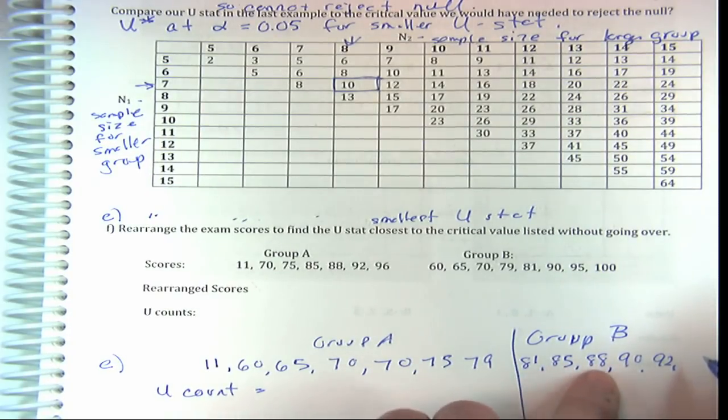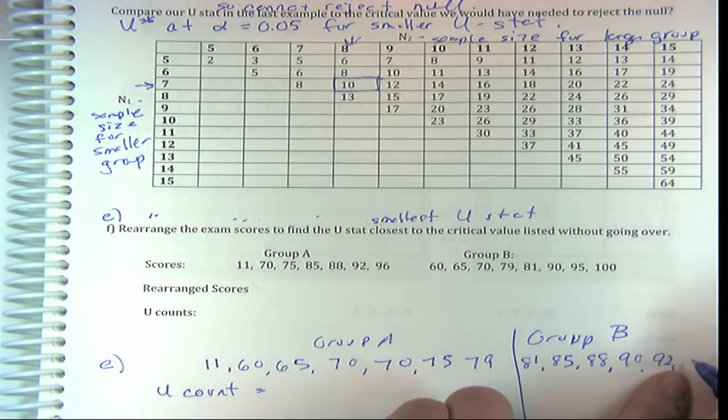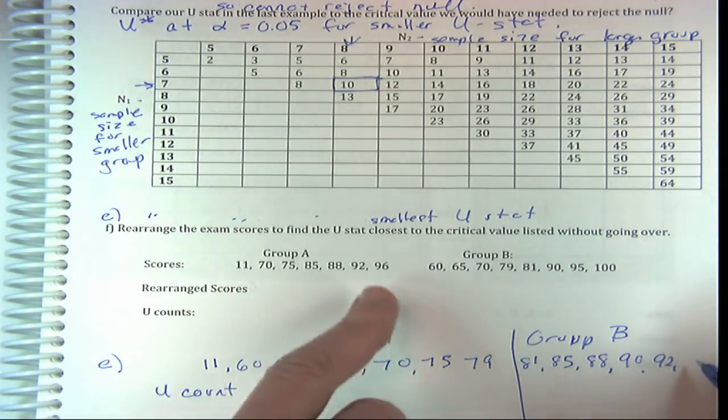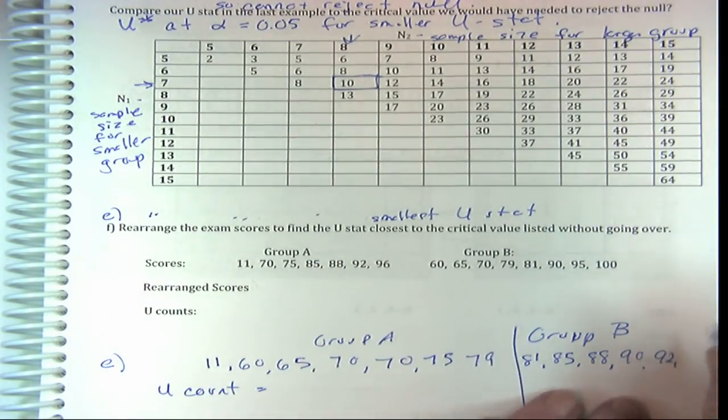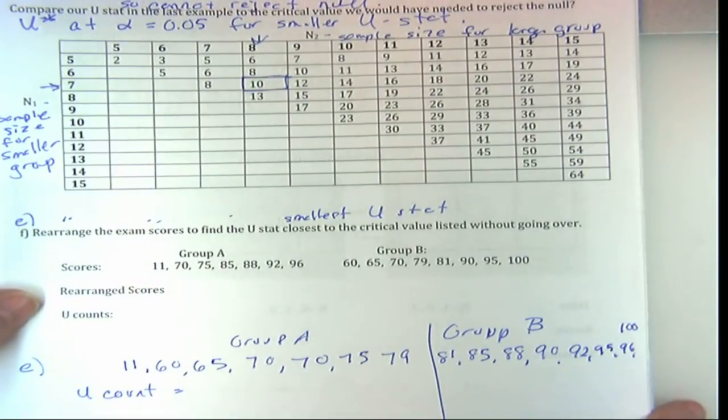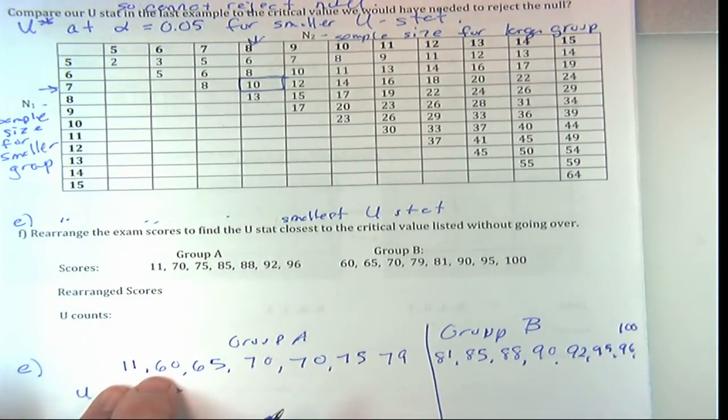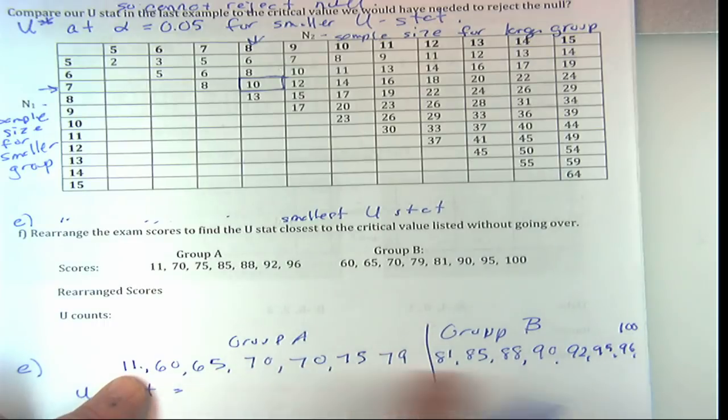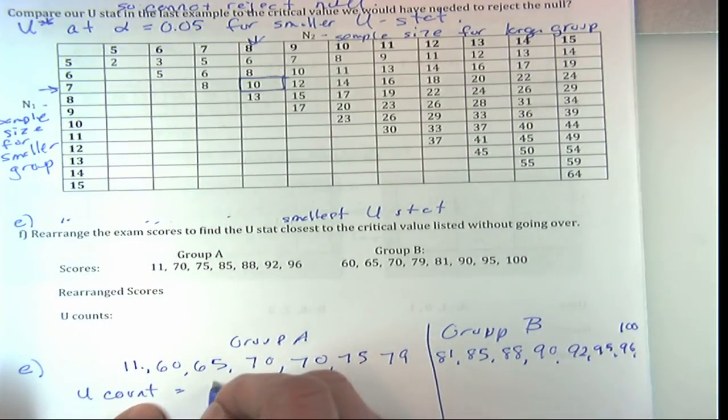That's 1, 2, 3, 4, 5. Three more numbers. What are they? 95, 96, and 100. Okay? Now you can see it. This would have a U count of 0, because it doesn't beat any of those. They'd all have a U count of 0.